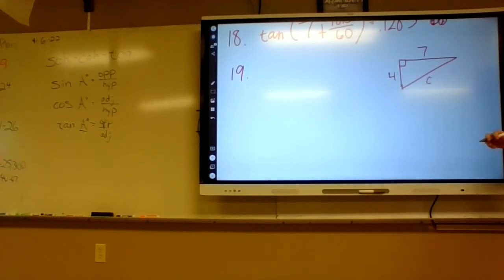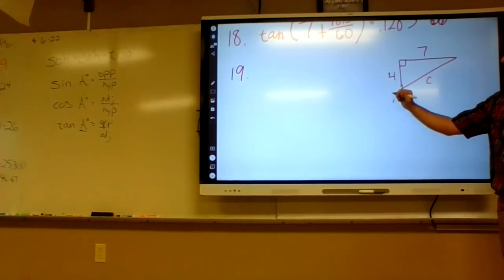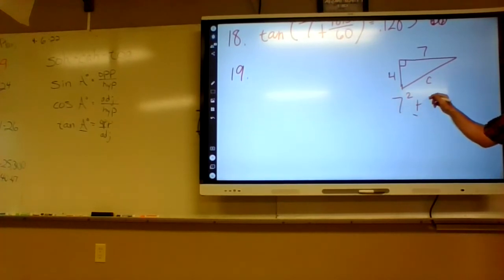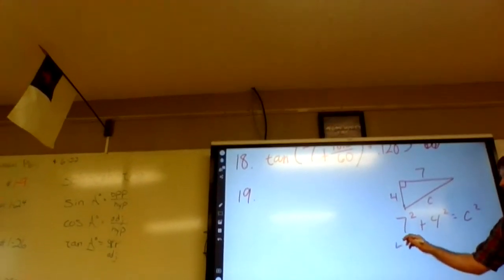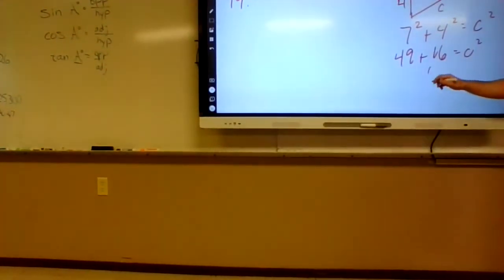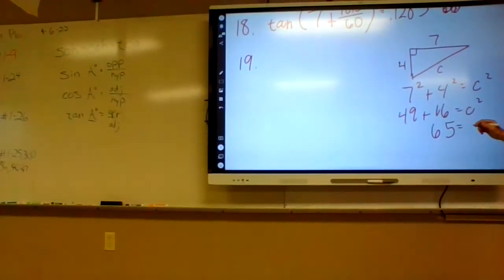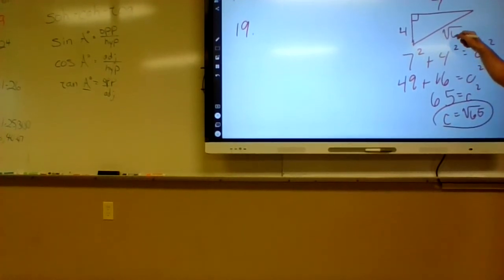How do I find the hypotenuse? 7 squared plus 4 squared equals c squared. That's the square root of 65, which does not simplify. So we're just going to leave that in the answer.